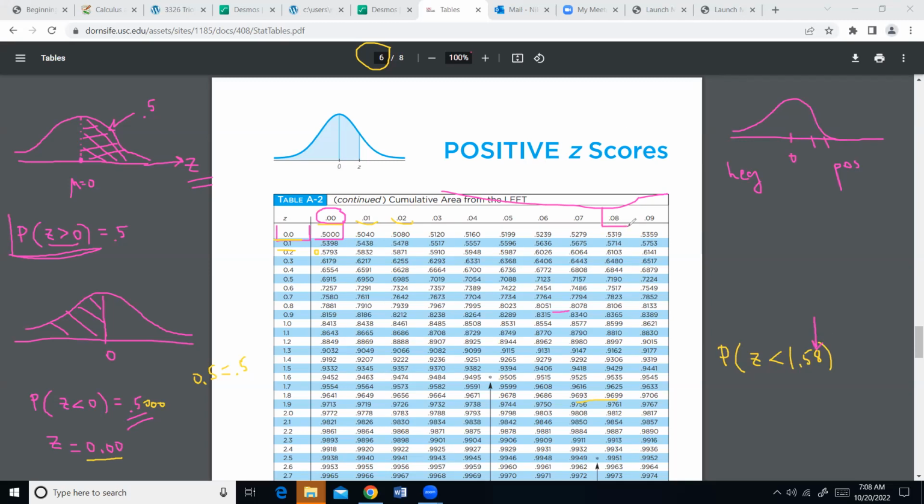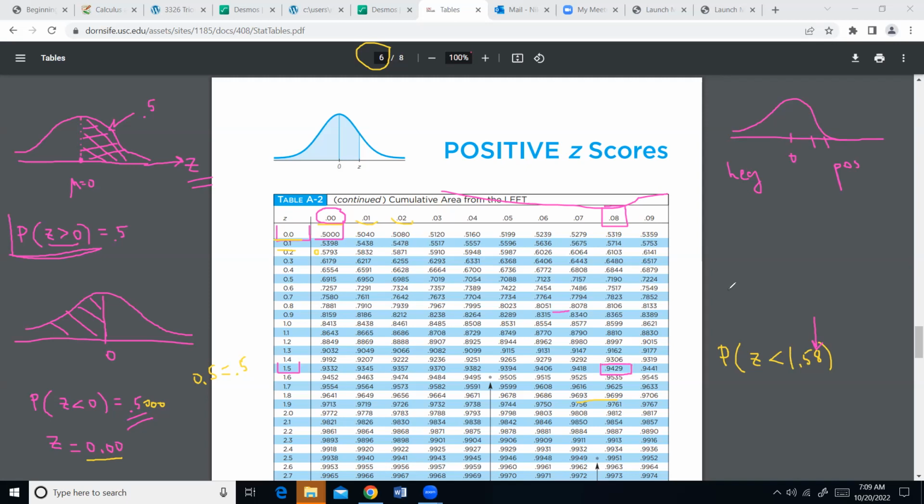So the place of hundredths, since we have 8 of those, is here. And then 1.5 will be my row that we select. So on the intersection of 1.5 and 0.08, I have this number.